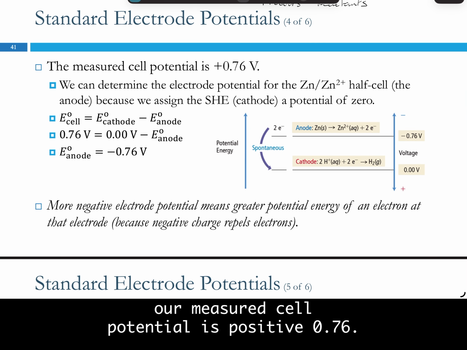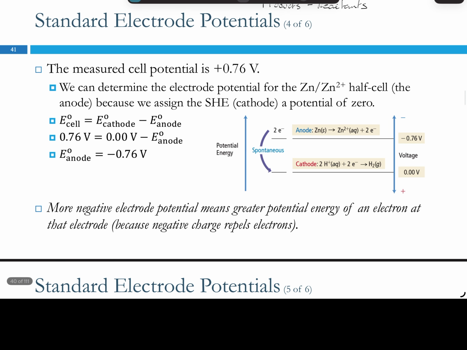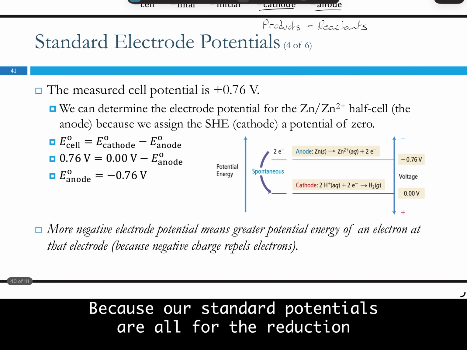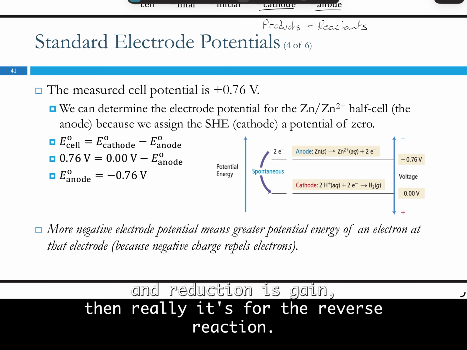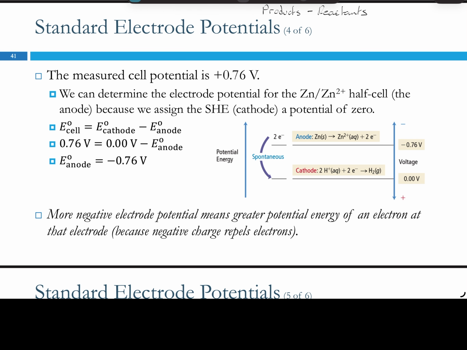So for this one, our measured cell potential is positive 0.76. And when we write that as the reduction potential, because our standard potentials are all for the reduction, and reduction is gain, then really it's for the reversed reaction, and it's negative 0.76 volts.